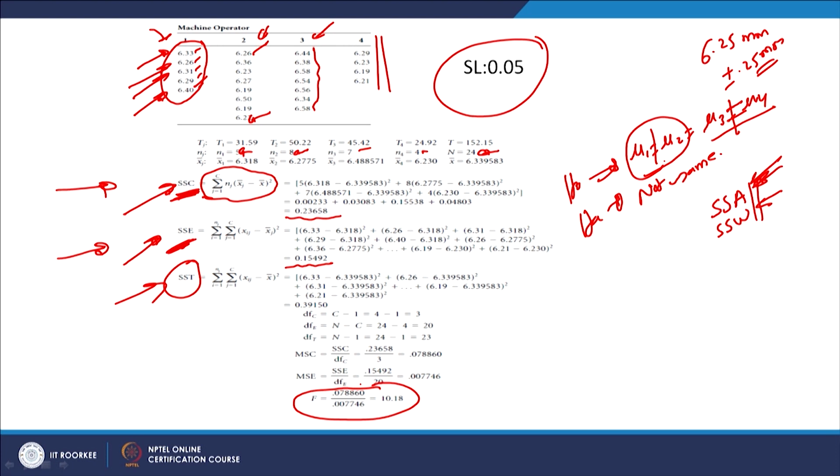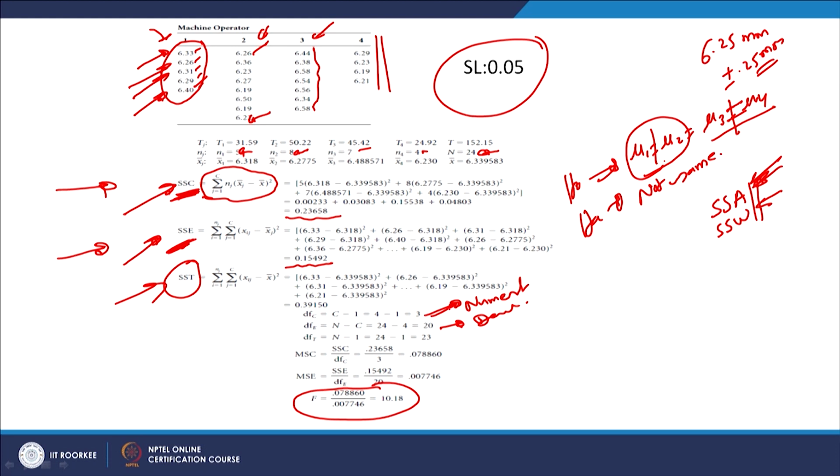Now, this 10.18 F calculated, but you will also have to find the critical value from the F table. For that, you need to look at the F table at 3 degrees of freedom at numerator and 20 at denominator, right.